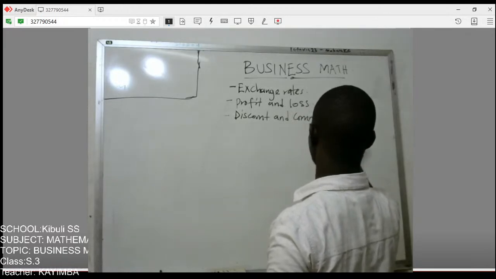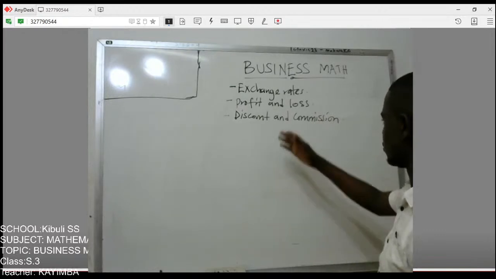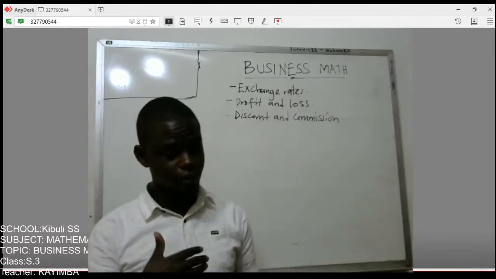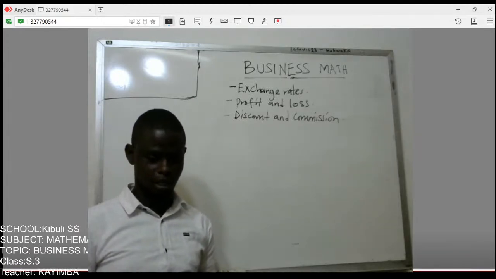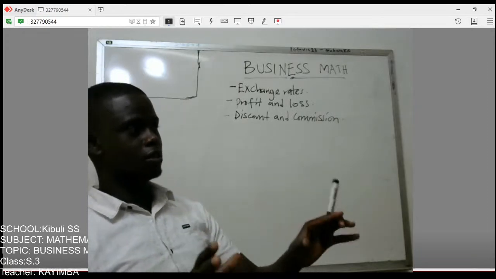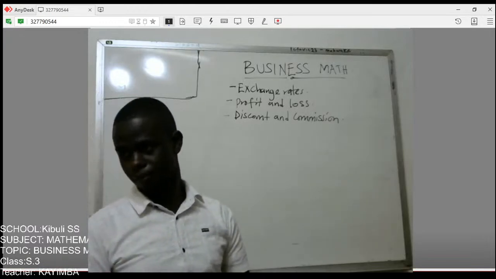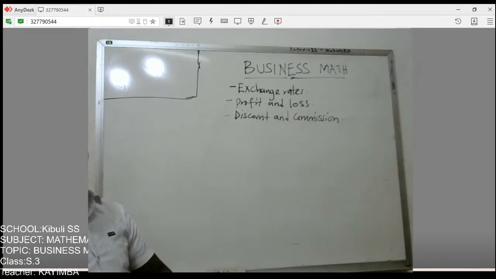Now let me try to explain these a little bit before I add on others. The exchange rates, these are normally put on rates. Those of you who have a chance of watching news, there's always that segment in business news where they bring you the exchange rates of that day. That the dollar is selling at this amount, they buy it at this amount.